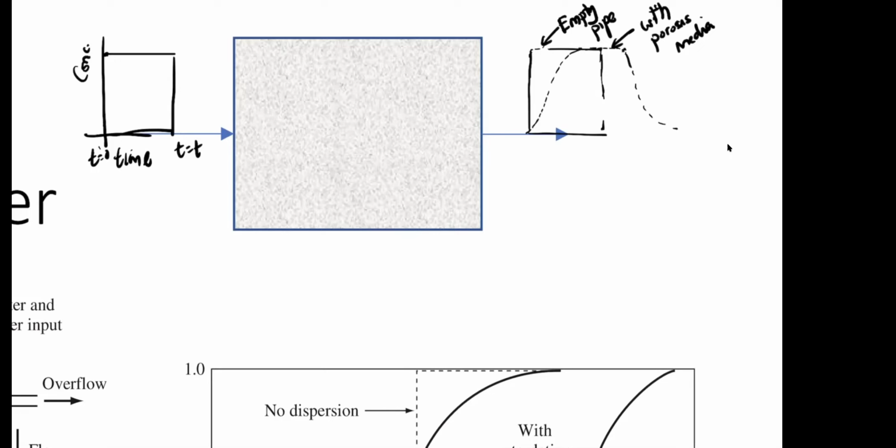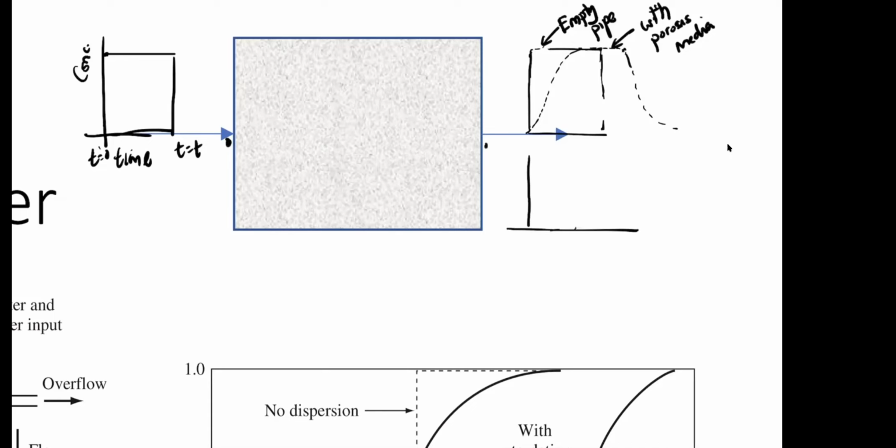But if you have some porous media, then it will disperse like this, and this is because of dispersion. And the way it works is, if you draw it properly, it will look like this. It takes some time to appear on the outside, because it takes some time for the pollutant to move from here to here, so you will not see anything until then, right?